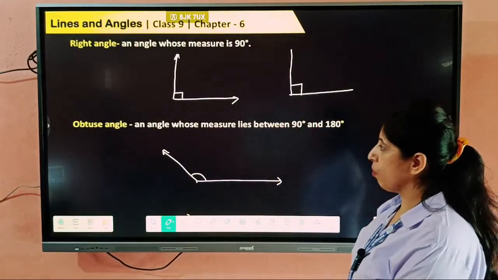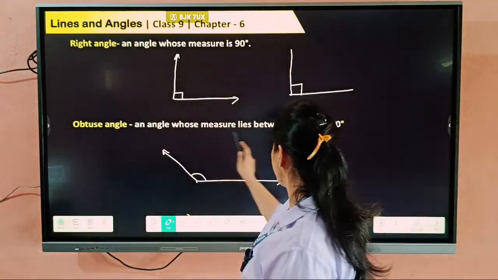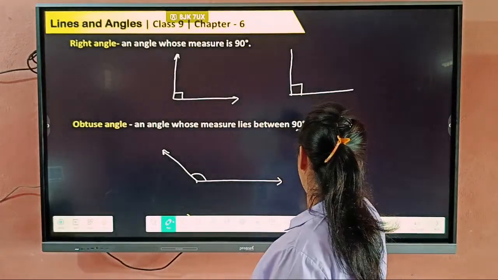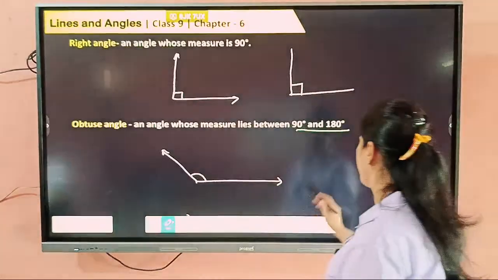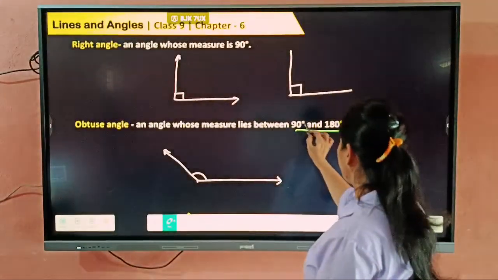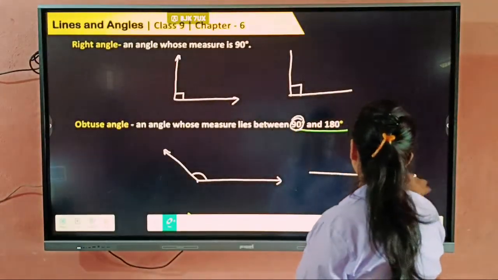Right. Next, obtuse angle. Obtuse angles are those angles whose measure lies between 90 and 180.